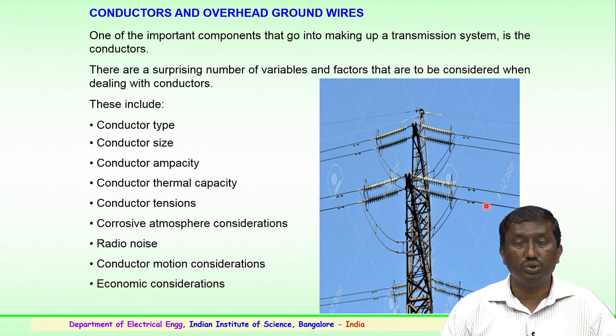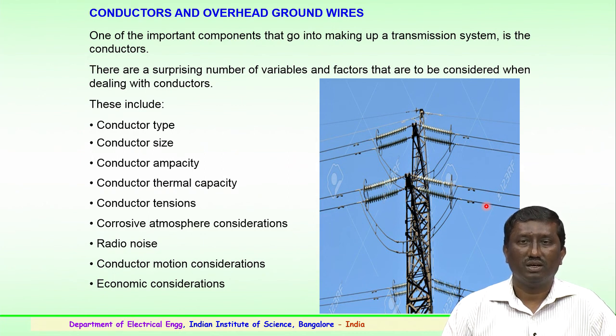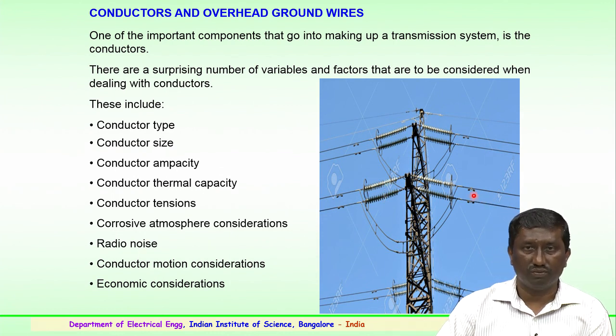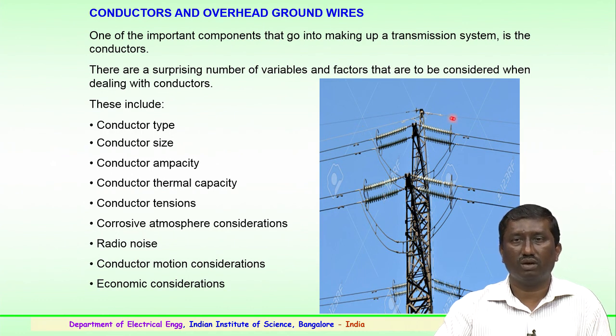Then the conductor motion consideration, mainly in the areas where there is wind and such conditions, the motion of the conductor has to be considered. Then finally, the economic consideration: going in for the type of conductor for a particular voltage, and the conductor span and line length. These again have to be looked into from the economic point of view. These are some of the various factors and variables to be considered, particularly when dealing with the overhead conductor as well as the overhead earth wire or ground wires which are being used.